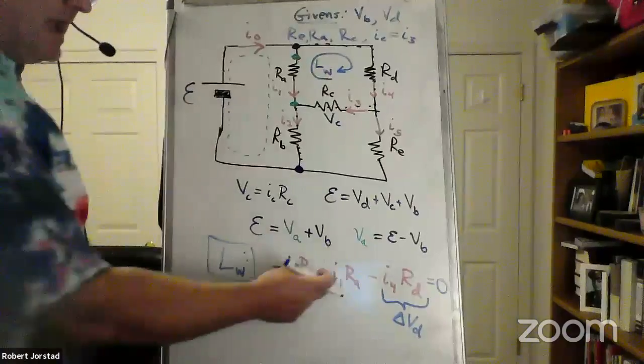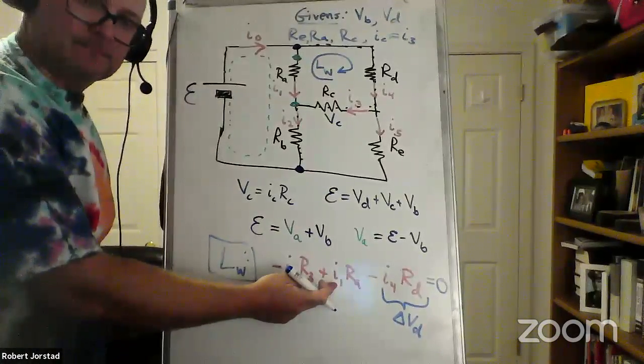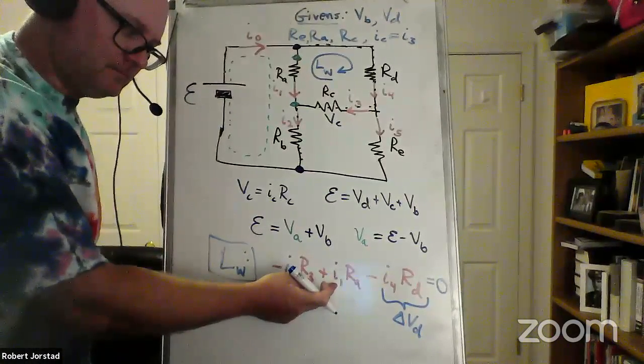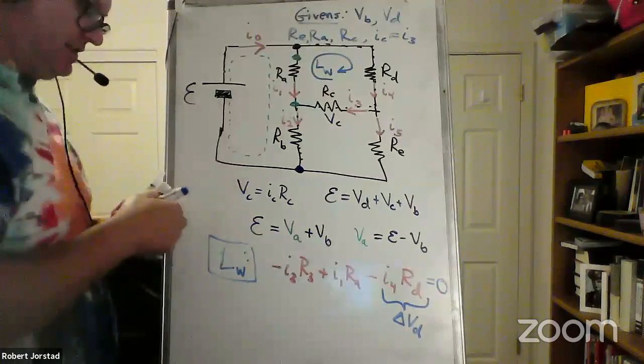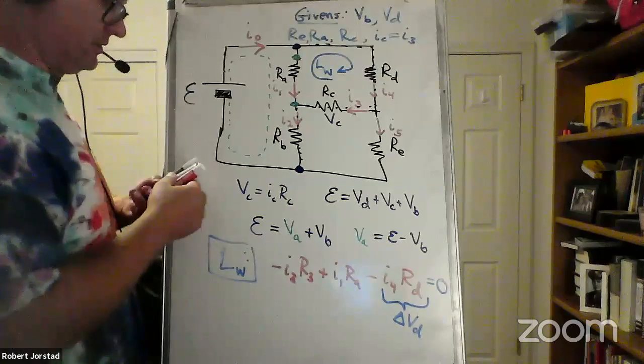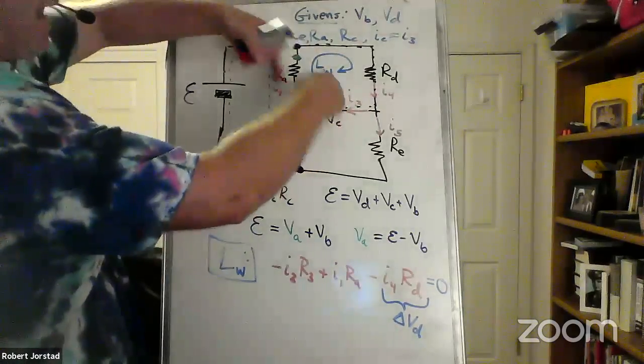Yeah. VD? Oh, I'm running out of room, aren't I? So then from that, you could get I1. Agreed? Yeah. All right. And then once you know I1, you know that I2 is equal to I1 plus I3, right?